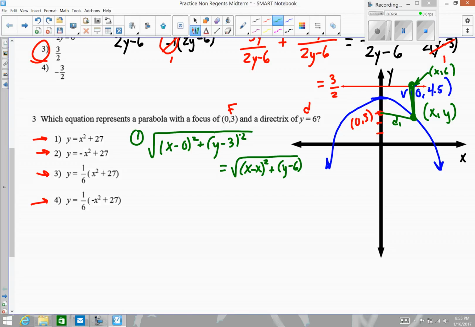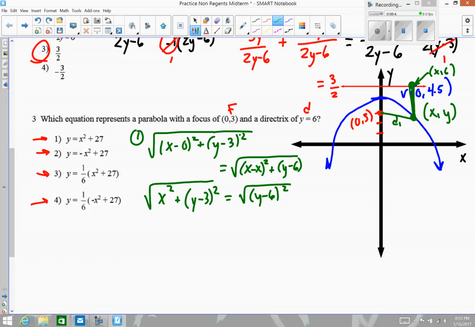So now when I simplify this, I get x minus 0 or x squared plus y minus 3 quantity squared, and all that under the radical sign equals x minus x is 0 squared and y minus 6 squared.